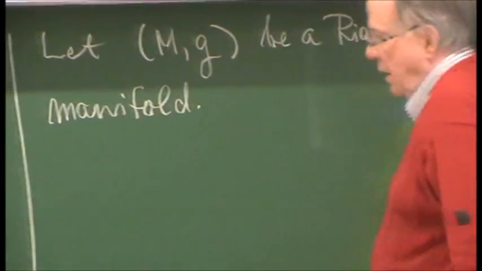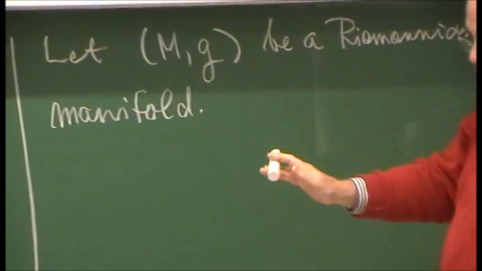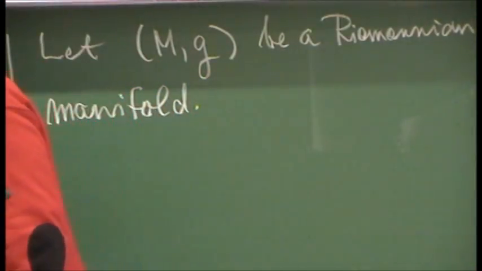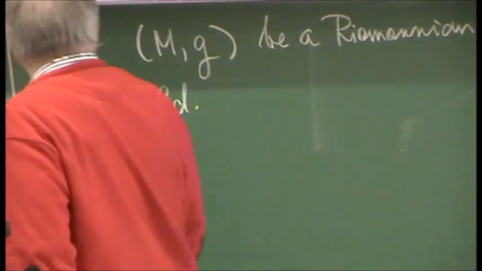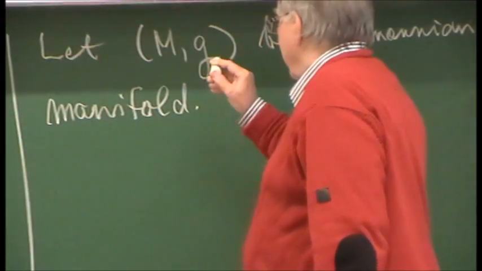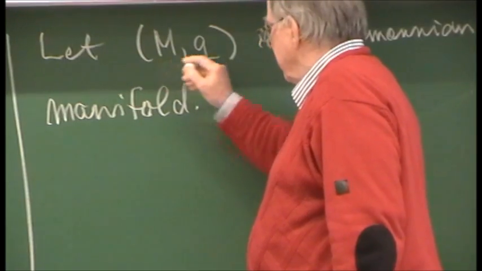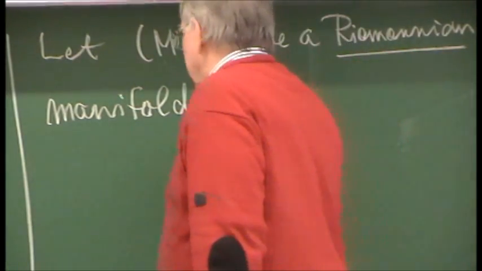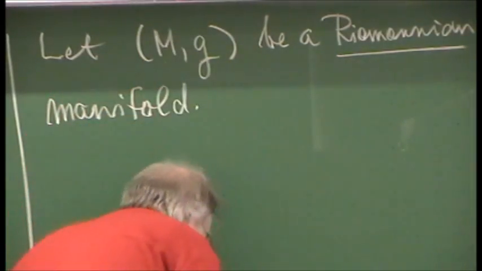I'm going to go through this discussion very quickly and really clear up this business about what a gradient really is. In order to have a gradient, we need a metric, and I assume that we have a metric on a Riemannian manifold.